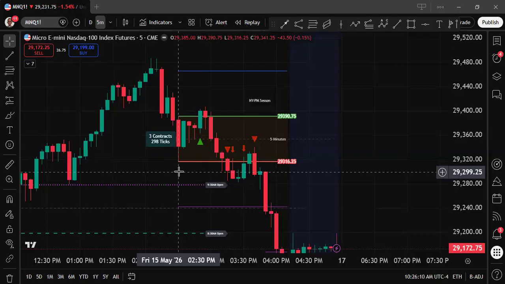So 12:30, 2:30, 8 p.m., and 9:30 a.m. Don't ask me why those specific times. I just like them. This is an example of what I typically like to do when entering a trade.